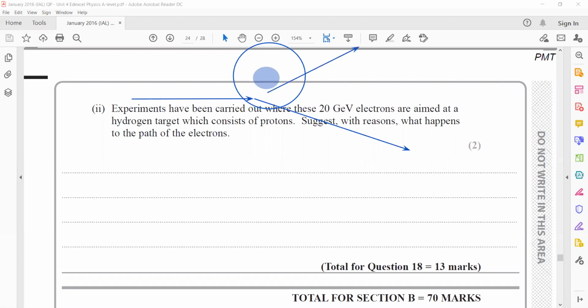Or you can also mention that if the electron is acting like a wave, and this wavelength is approximately equal to the size of the nucleus, then we will observe spreading of the wave. We call that diffraction. Is it clear, this idea? The diffraction. So both possibilities are there. There might be a diffraction, or it might deviate from the original path.